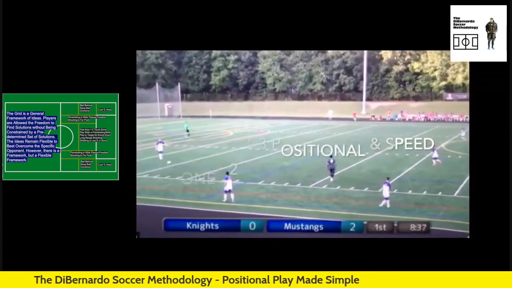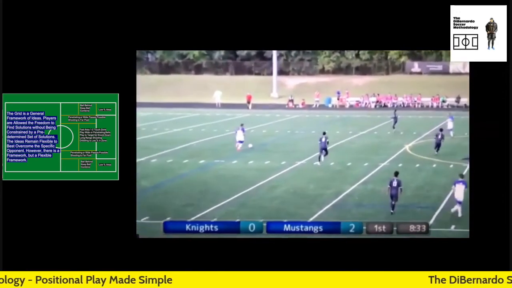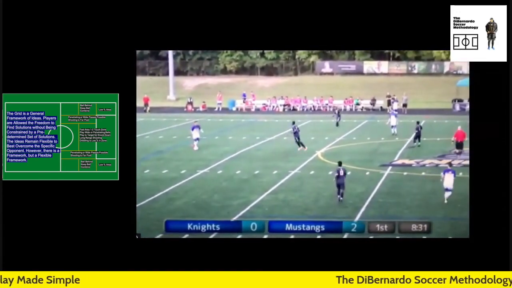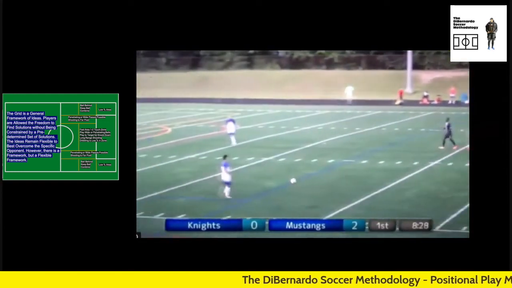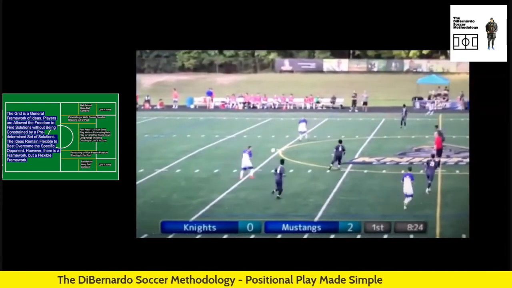Now, under the theory of ecological dynamics, a lot of our training session stuff is not done in isolation. Like, this is zone one, this is zone two, this is zone three.